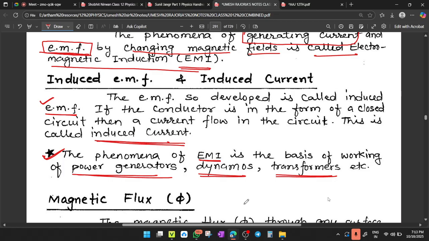See here in which way the magnetic field through a closed circuit can be changed. This is a round-shaped coil.